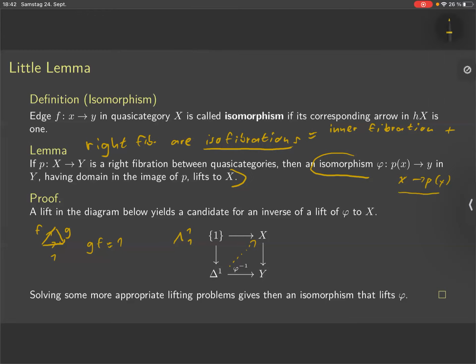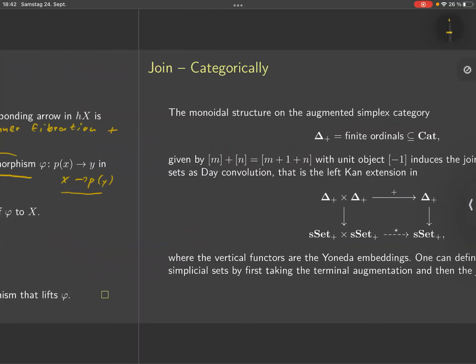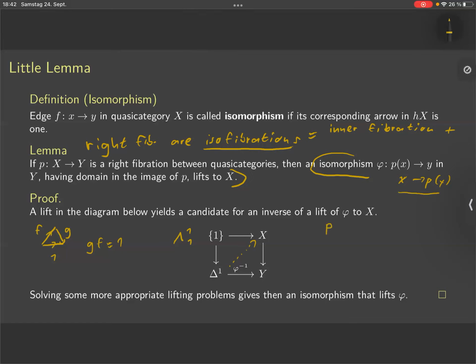You can also phrase this alternative condition as the lemma that if P is an isofibration, then the dual P up, which goes from X up to Y up, is also an isofibration.